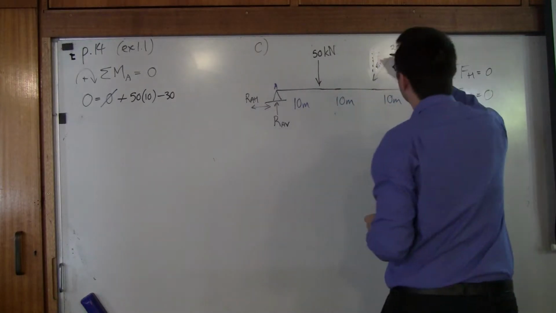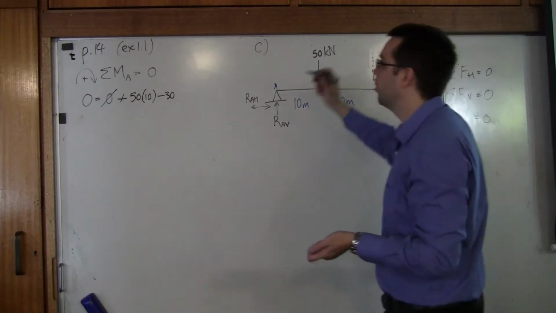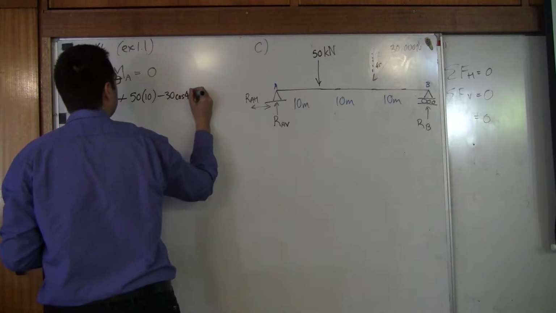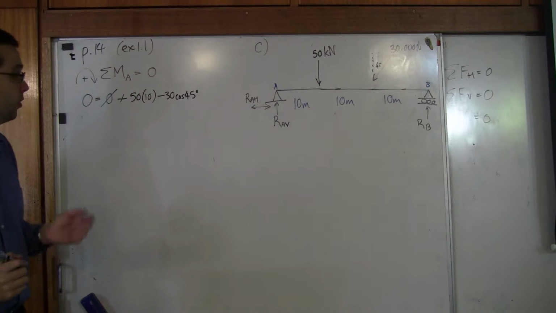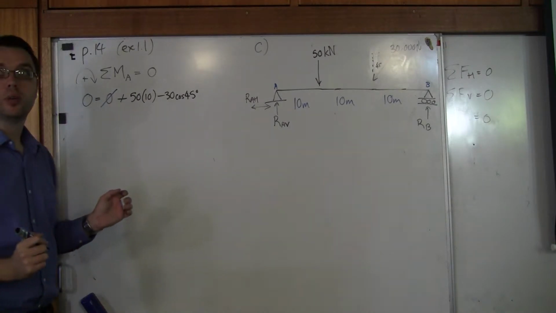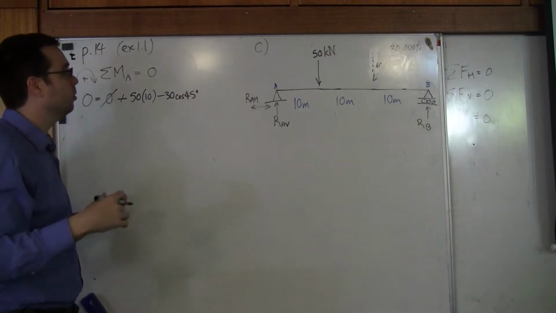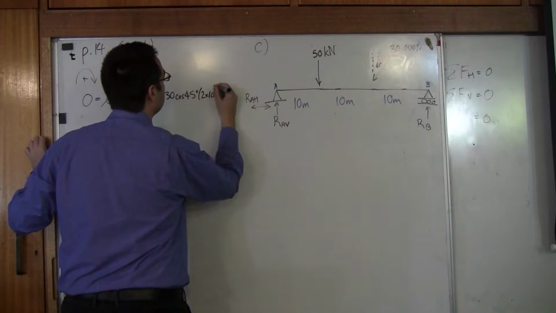We could use 40 cos 45, that would work as well, relative to that. At some other point I will explain why that is the case, but for the moment we're just going to run with it. If you don't understand that level of trigonometry, let me know and I will talk to you about it. Now, how far away is it? It's 2 times 10 away.